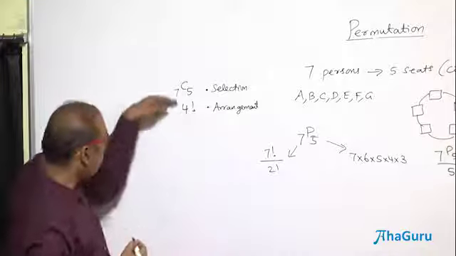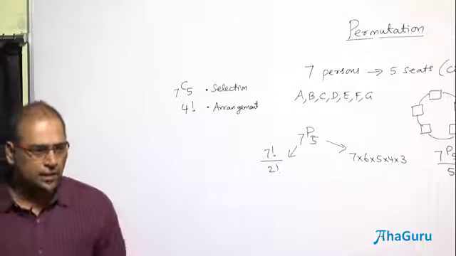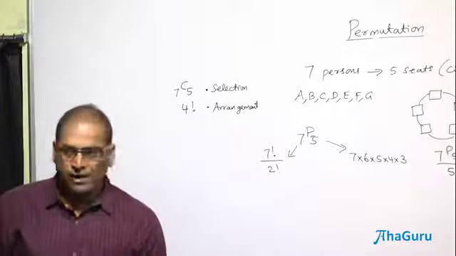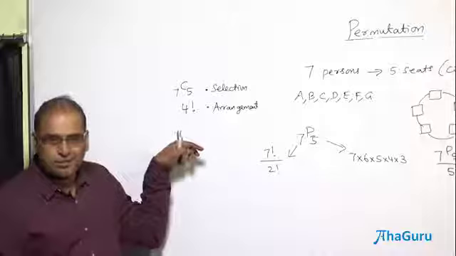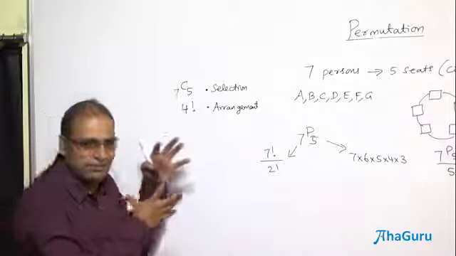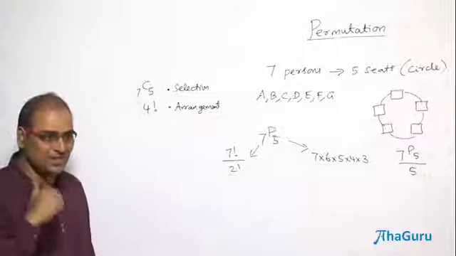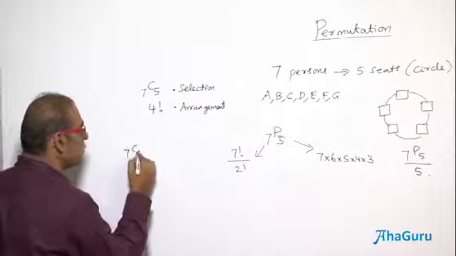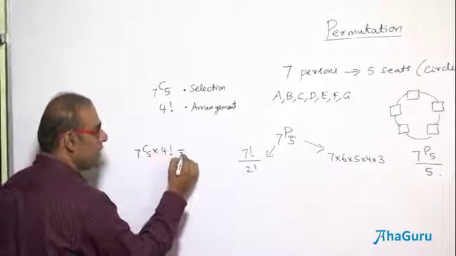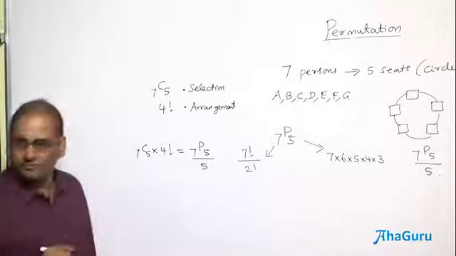And what are you going to do with these 2 counts? Are you going to add or multiply? For each selection, you have got 4 factorial arrangements. Having selected the 5, every selection has got 4 factorial ways. How many selections are there? 7 choose 5. So you will be multiplying. So 7 choose 5 into 4 factorial is equal to what? 7P5 by 5.